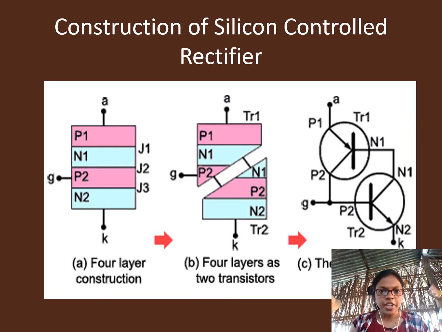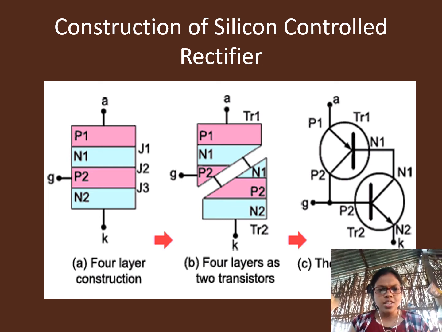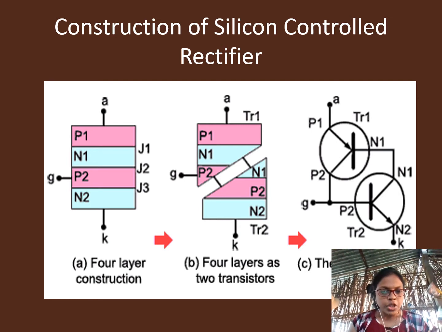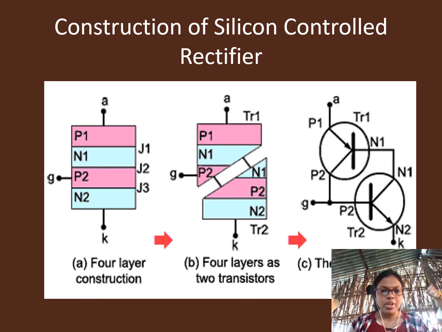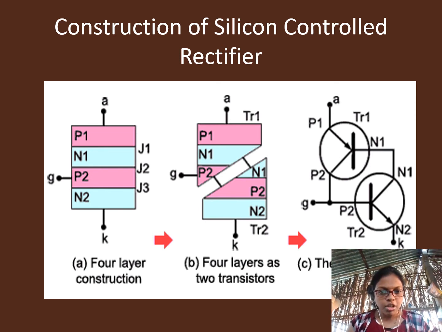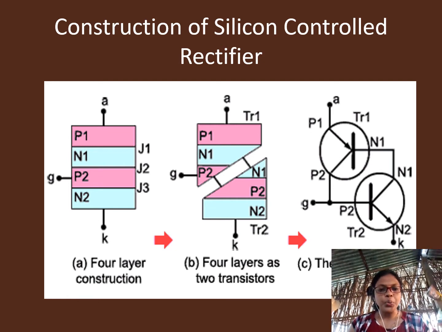In this slide we are going to learn the construction of the silicon control rectifier. As you can see in image A, SCR is constructed using 4 layers, and three terminals are also shown in the figure. The 4 layers are named P1, N1, P2, N2.